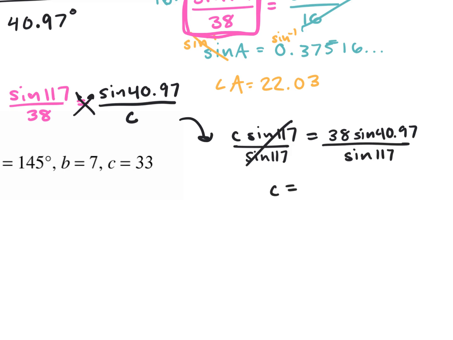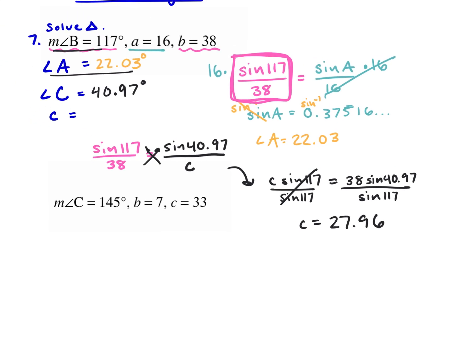So we get C is equal to, let's put this into our calculator, 38 times sine of 40.97. Either close the parentheses or put equals, and then divide that by sine of 117. You should get 27.96. So side C is 27.96.